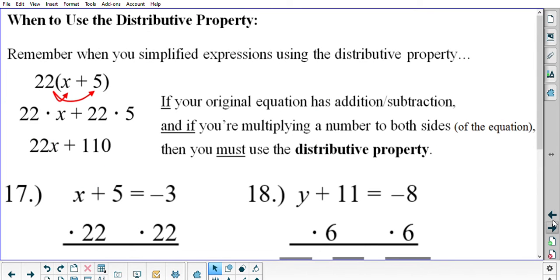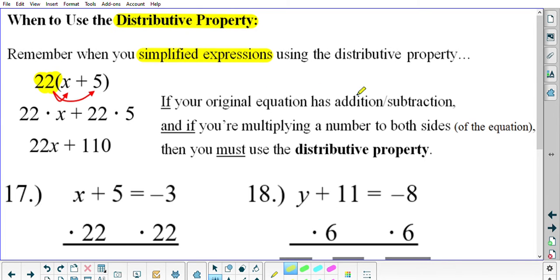All right, the last part of the guided notes reviews something that we just did in the previous chapter. And that is, when do you use the distributive property? You might remember back when we simplified algebraic expressions, and back when there was a multiplier sitting outside of parentheses. Now, how do I know that 22 is a multiplier? Because there's nothing between the 22 and the parentheses. So that means 22 times the parentheses.